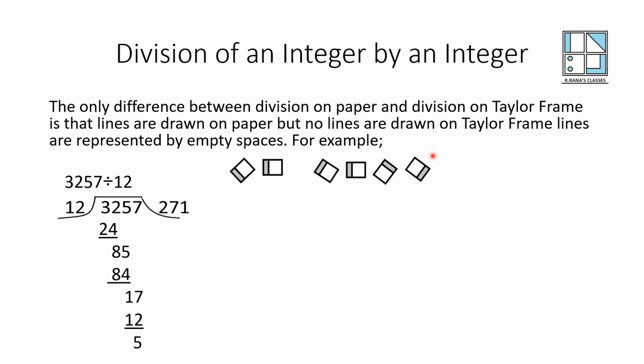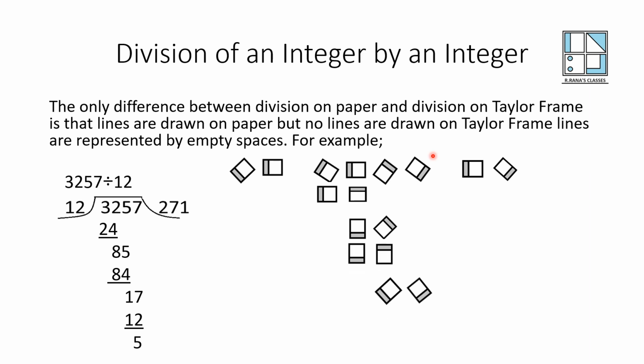Now 12 to the 24, that fits properly. So we will write 12 to the 24 below 32, subtract, we get 8, borrow 5, then 12 sevens the 84, and we write 84, subtract, we get 1, bring down 7 and 12, and this is now 1 and we get 12, and on subtraction we get 5.